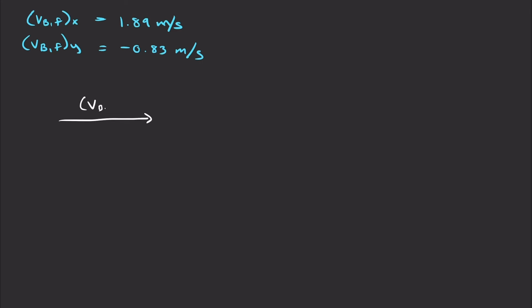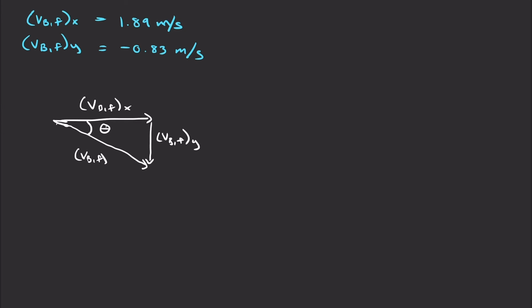So this is VBFX. And it has a negative y component. And so the overall velocity is going to be down and to the right. And when I look for the direction, this is the angle I'm looking for.